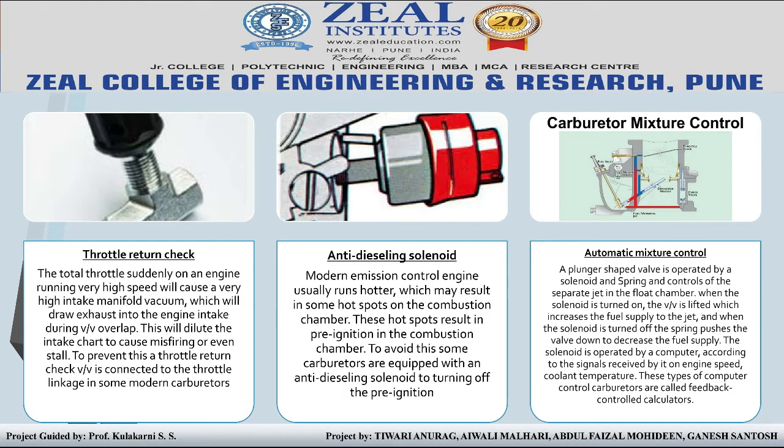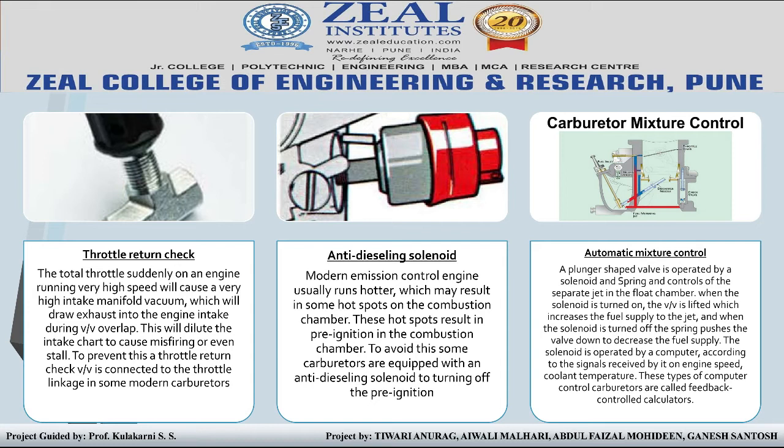Throttle return check. Closing the throttle suddenly on an engine running at very high speed will cause a very high intake manifold vacuum, which will draw exhaust into the engine intake. During valve overlap, this will dilute the intake charge and cause misfire or even stall.